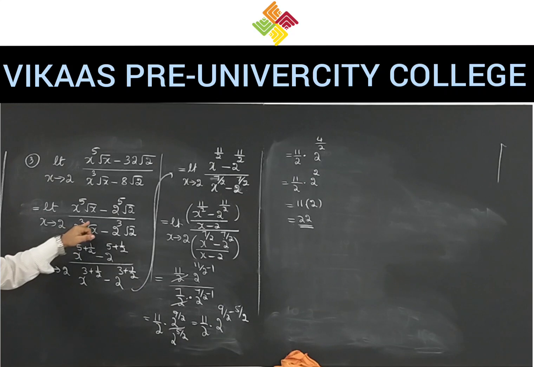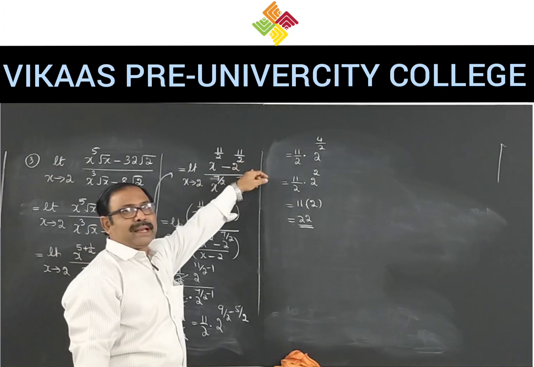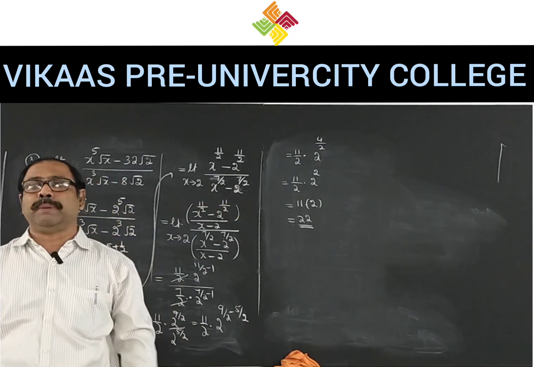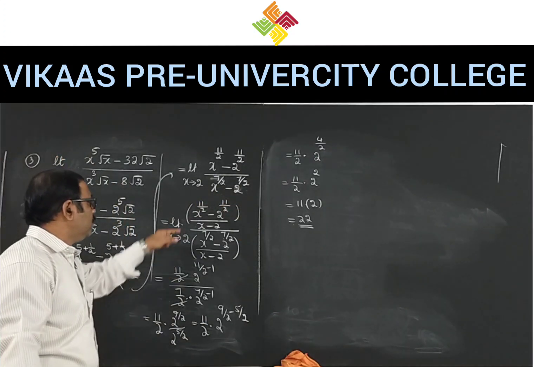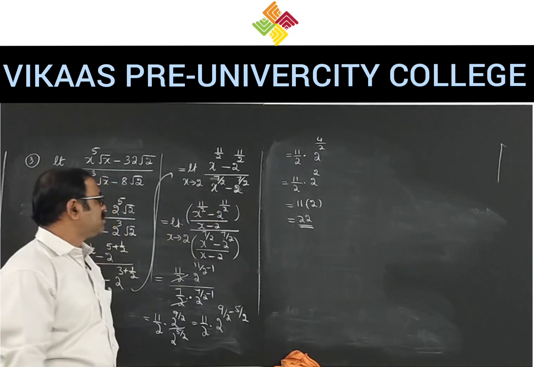Here x power 3 plus half minus 2 power 3 plus half. Now we get x to the power 11 by 2 minus 2 power 11 by 2, by x power 7 by 2 minus 2 power 7 by 2. Now you divide numerator and denominator by x minus 2.